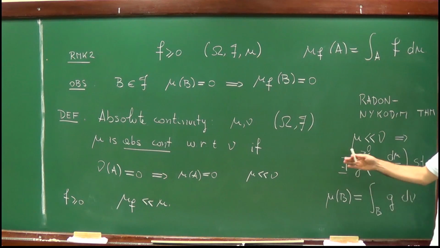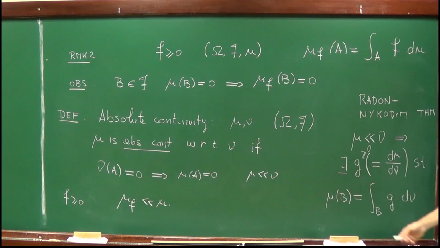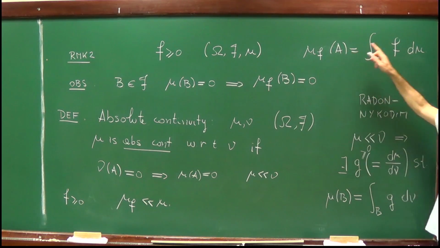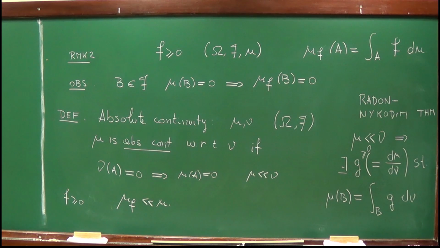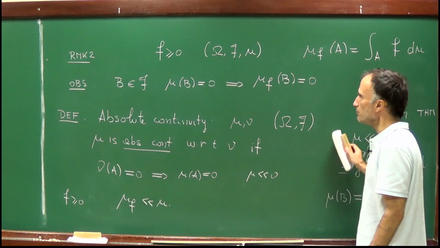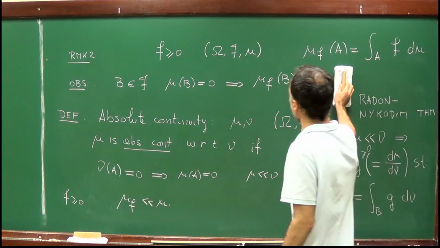So this gives you a converse to this observation that the measure mu f is absolutely continuous with respect to the measure mu. This will be proved in the next 2 or 3 lectures.